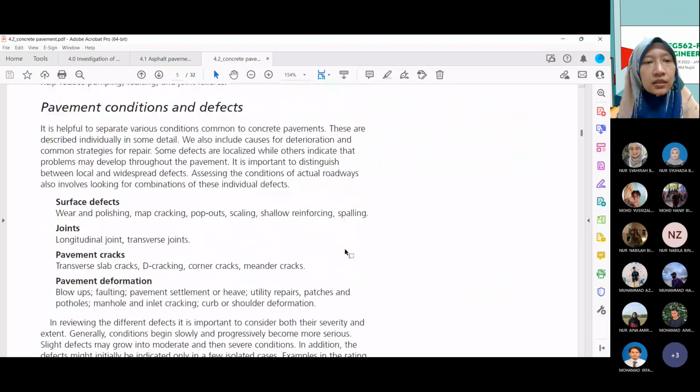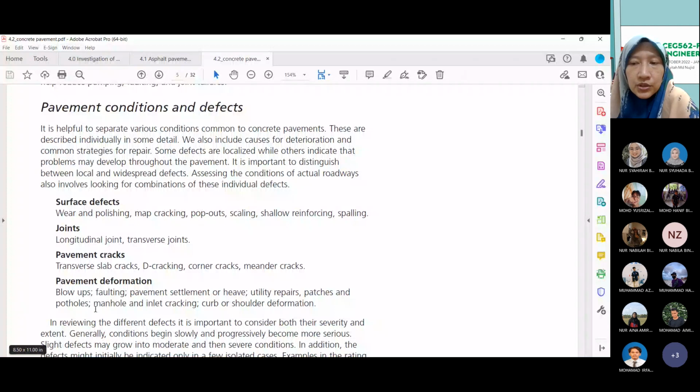Okay, again, these are the categories for defects, such as surface defects, wear and polishing, map cracking, pop-ups, scaling, shallow reinforcing, and spalling. For joints, longitudinal joints and transverse joints. For pavement cracks, we also have transverse slab cracks, durability cracking, corner cracks, meander cracks.